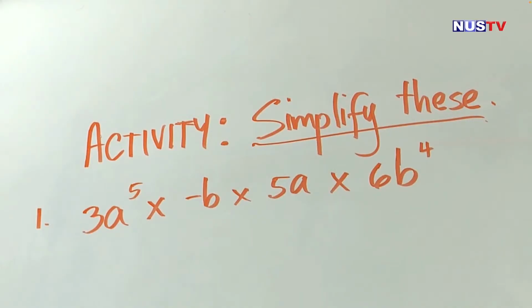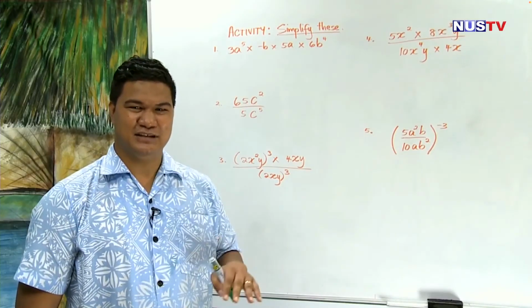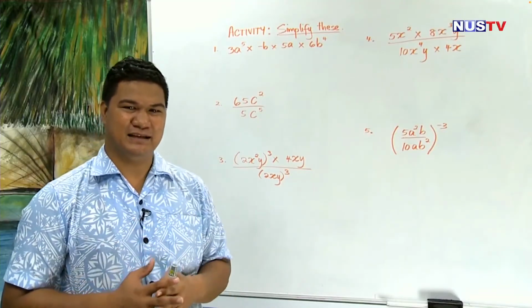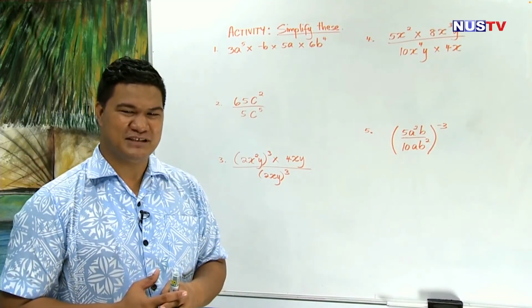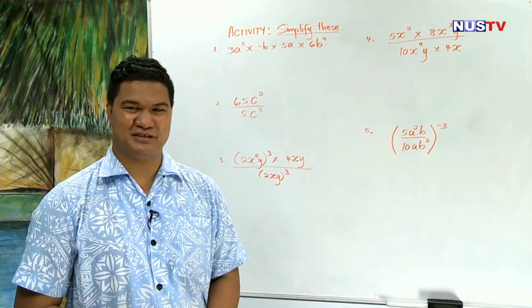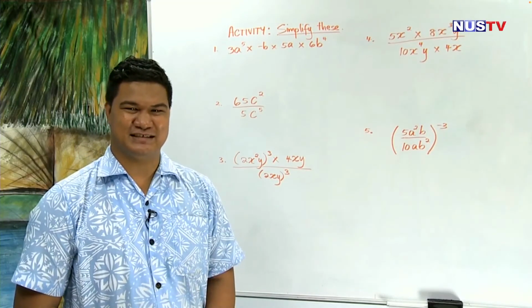Our activity on the screen will provide more solid information and equations, so we can have more understanding and be more informed on how to simplify our algebraic expressions using our laws of indices.